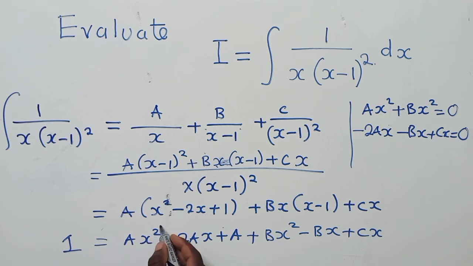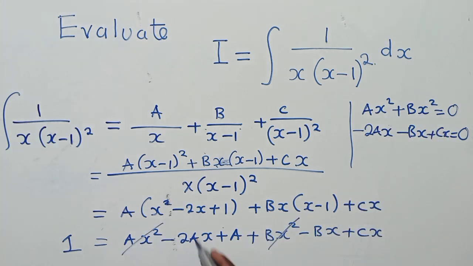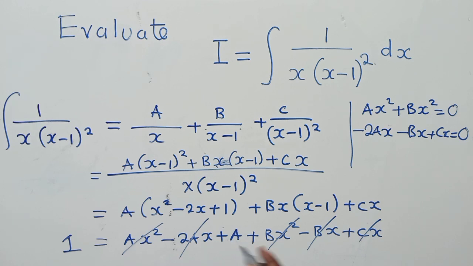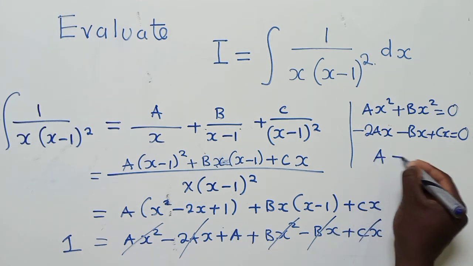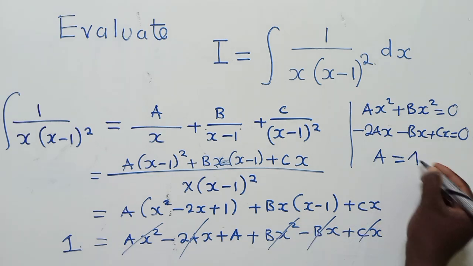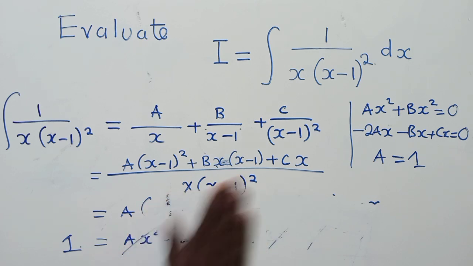So we're done with those. We're just remaining with A. So A is equal to, you check without the variable, without x, it's only a 1. So we put a 1 there. We are done here.